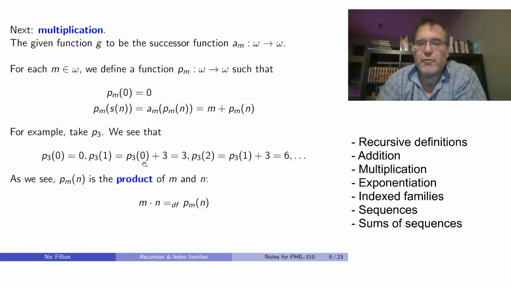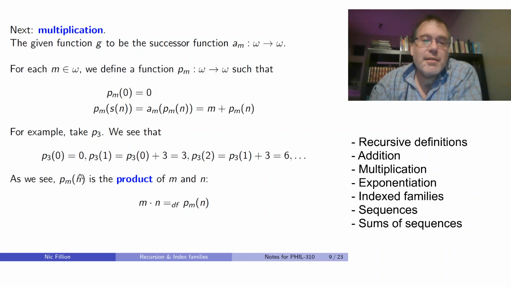Now that term we've already calculated, that's 0. So the result is 3. Now P3 of 2, 2 is the successor of 1. So we get P3 of 1 plus 3 by the recursive definition. But we've already calculated P3 of 1, that's 3. So we get 3 plus 3, 6. Beautiful, right?